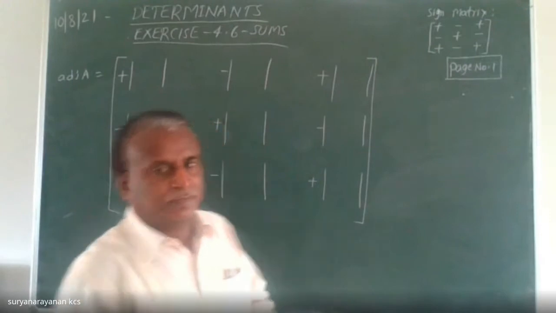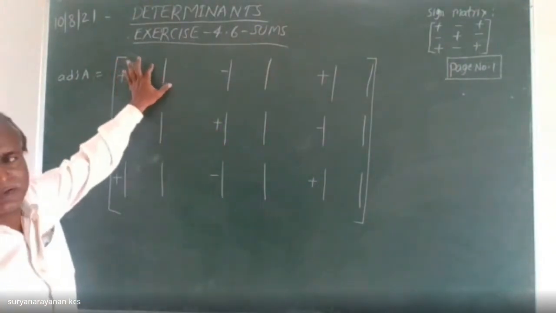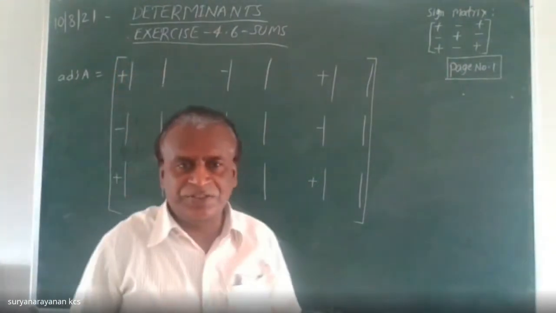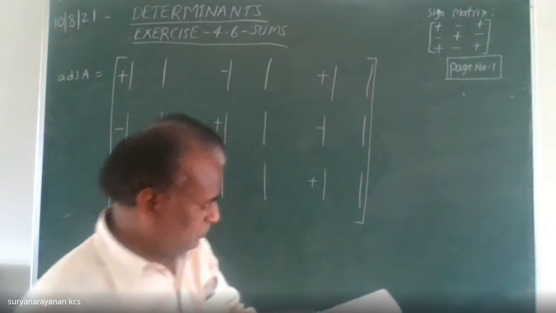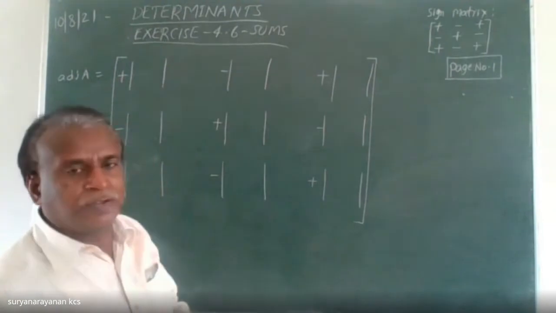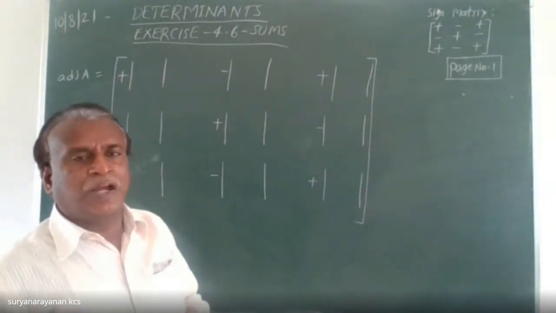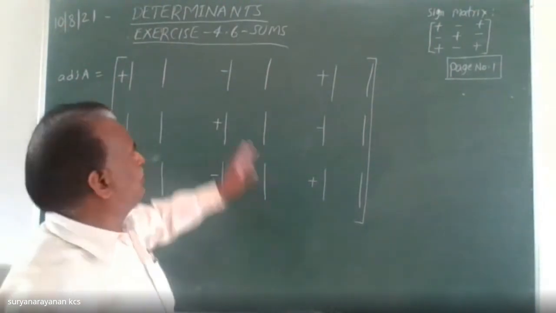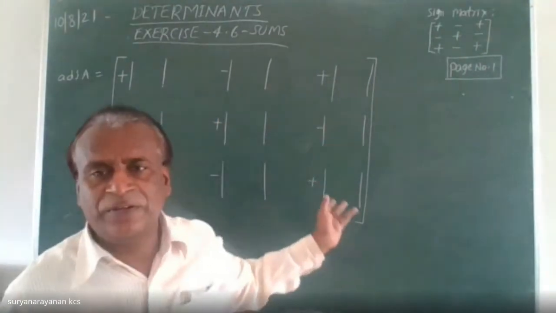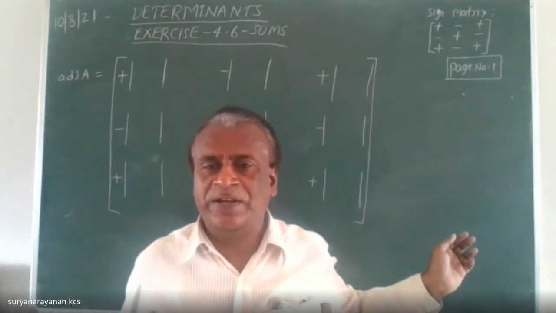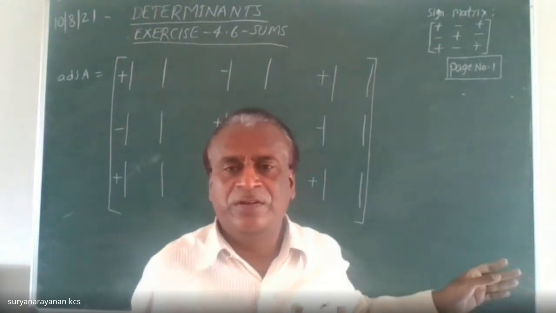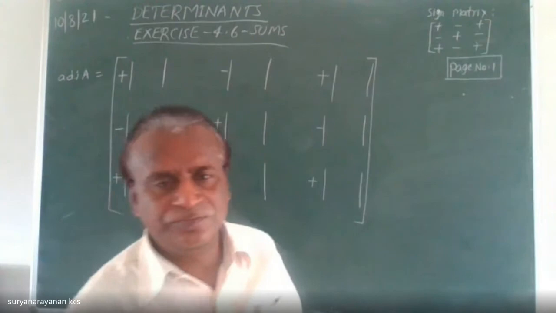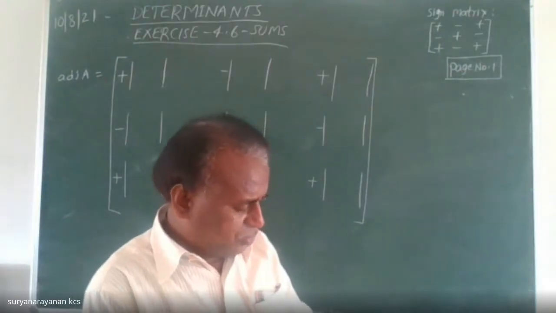Now tell me the empty box. See, in this first determinant, can you tell me? We have to find the cofactors. We are finding here the cofactors of every element in the matrix A, that is adjoint A. Can you find adjoint A here? Tell me, by closing the first row and the first column.